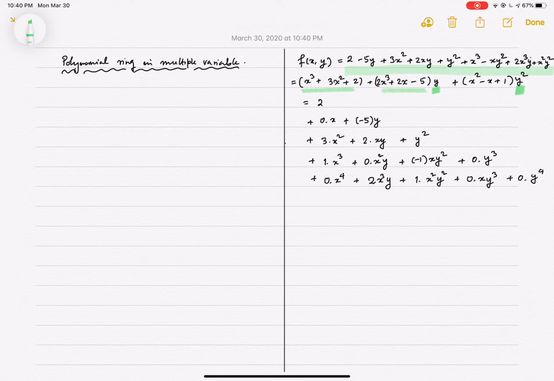So you see, I can just take the y-free terms, like this one and this one, and that's a polynomial in x. And then I can take the terms that come with a y, like this one and this one, and I factor out a y, and then I get again the coefficient is a polynomial in x, and similarly y square, etc. And this is a more systematic way of writing it in increasing degree.